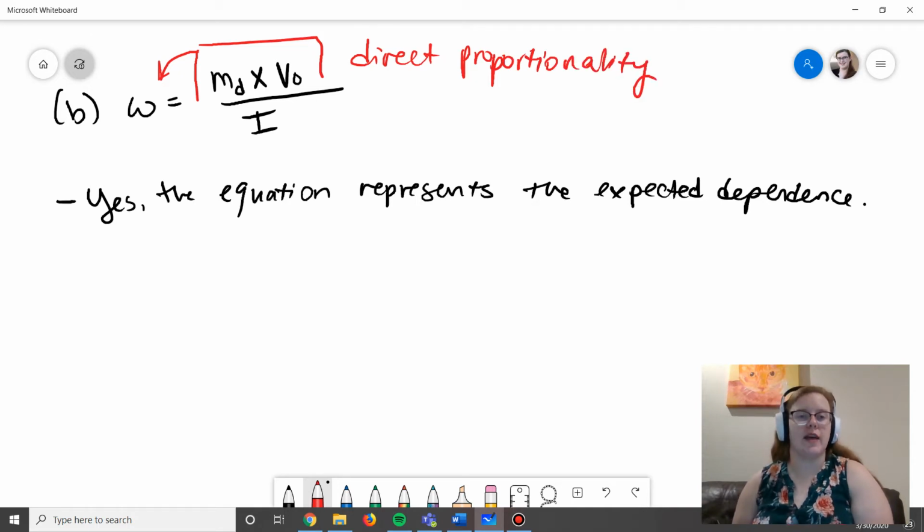So we would expect that if these go up, that means that angular speed also goes up, which is true.